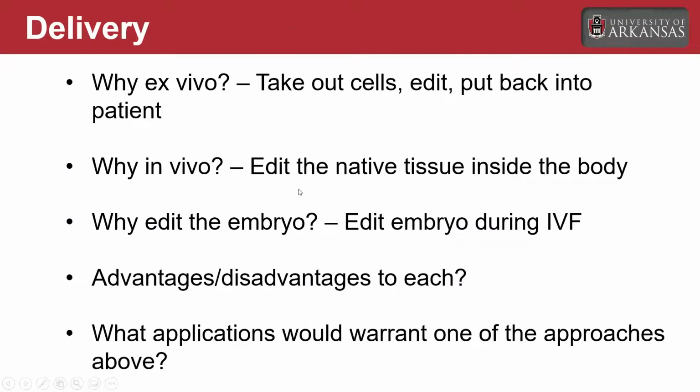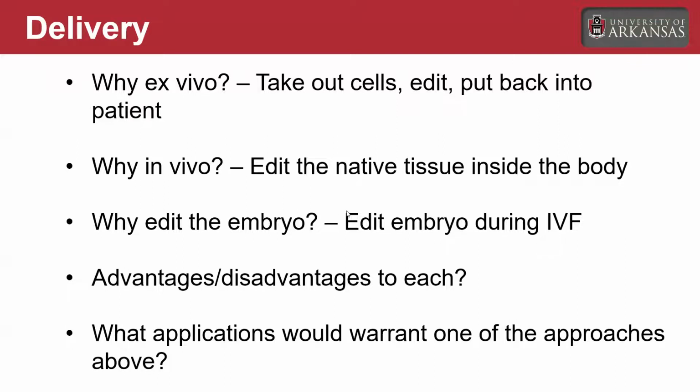When we think about this process, we ask, why would we do it a certain way? So why do it ex vivo? If you can take cells out, you can edit them, and you can screen them extensively for issues before you put them into a patient. So if something went wrong with the editing process, you would know in advance. If you need to edit in vivo, we're talking about editing the tissues inside the body, like editing the brain or editing the muscle.